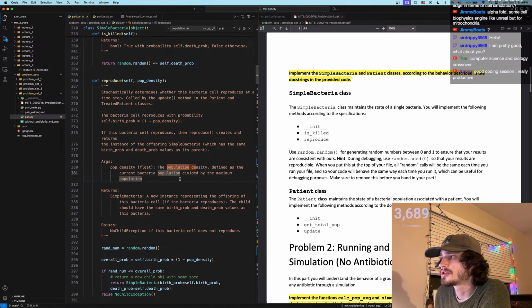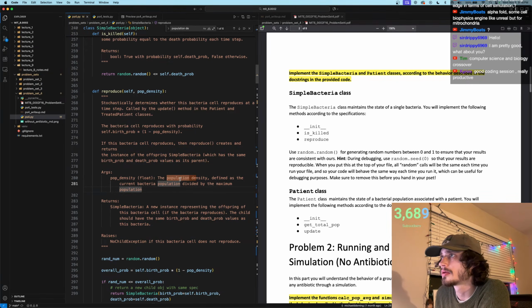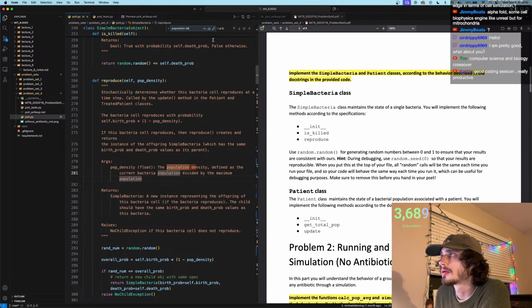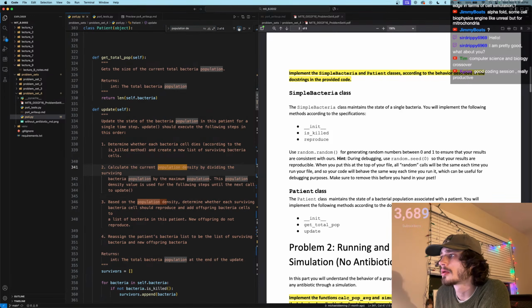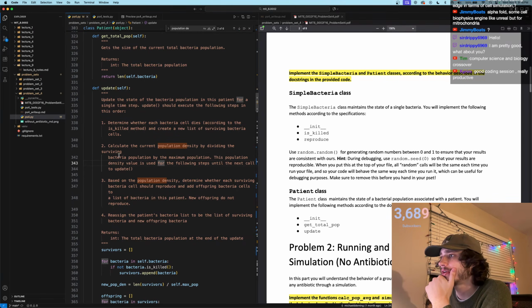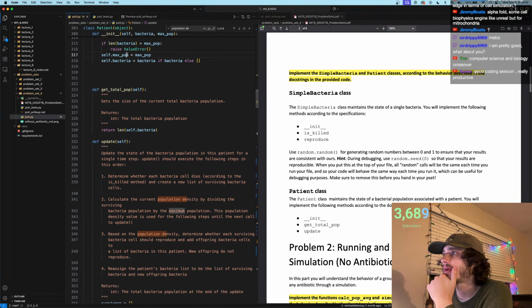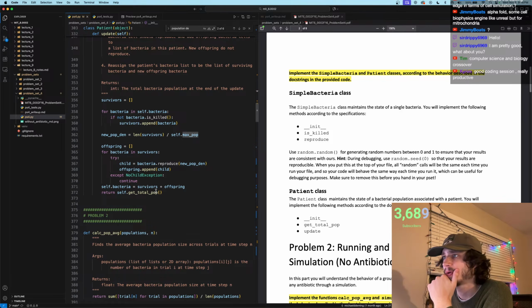Okay, so the population density is dividing the current bacteria population by the maximum population, and we have self.maxpop here. And that's the population density here.